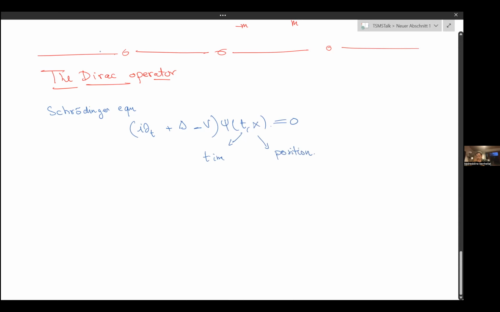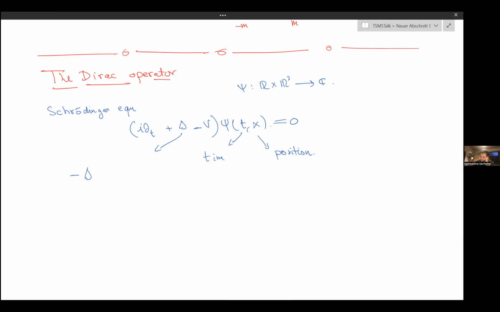So this is just a function, okay, that goes from R3 to the complex plane. Then this is the Schrodinger equation. Here, delta is the Laplacian, so minus delta is just the sum of the second derivatives ∂x squared.